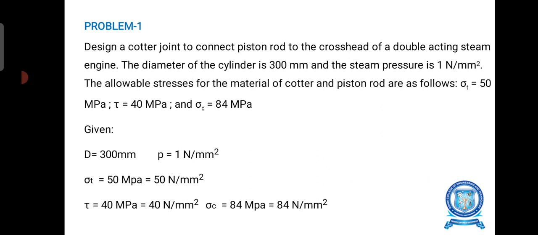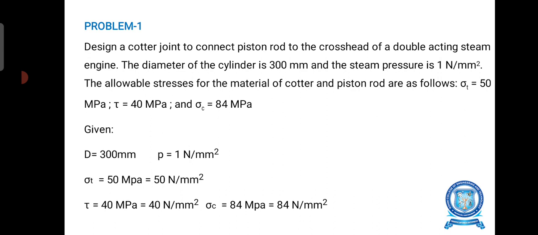The allowable stresses for the material of the cotter and piston rod are as follows. Sigma T equal to 50 megapascal, tau equal to 40 megapascal, sigma C equal to 84 megapascal.